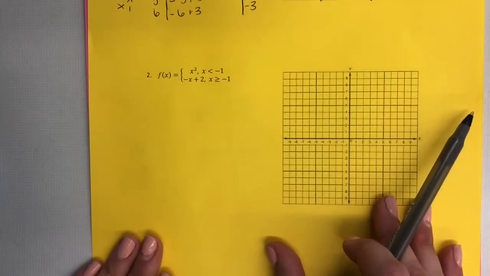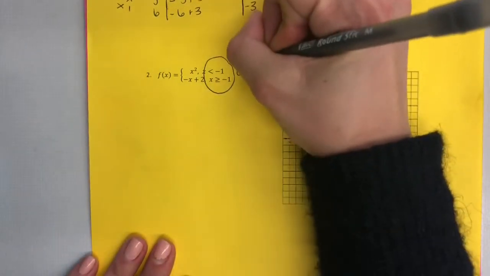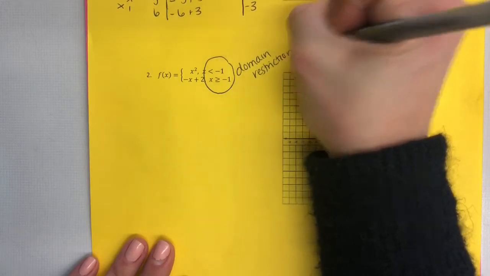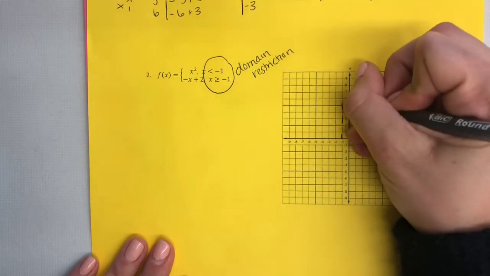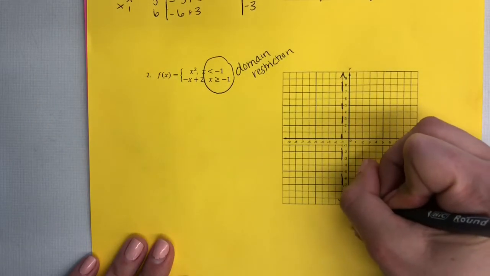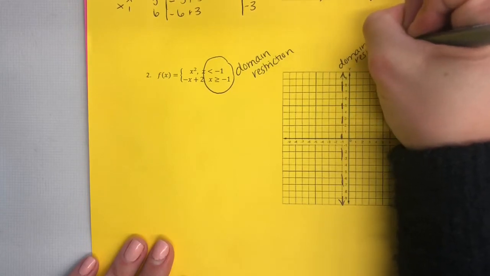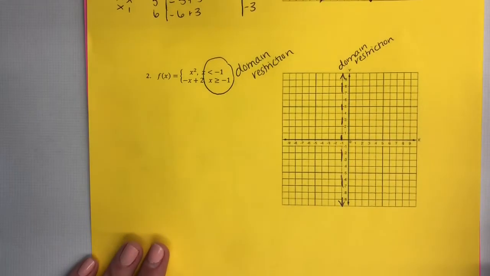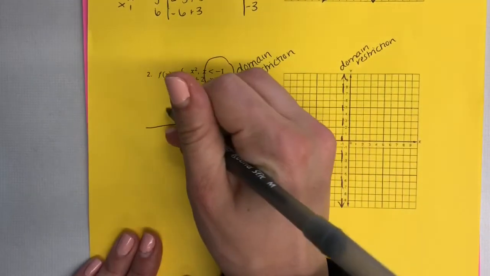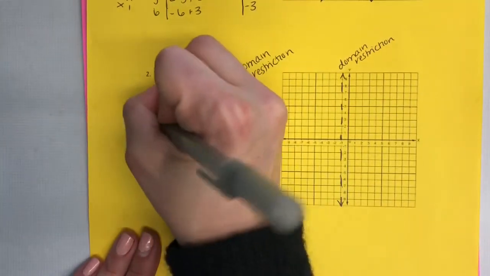Let's look at this one. So we have a new domain restriction, always the first thing I find. At negative 1, so I'm going to put it on my graph really quickly because I know that this is where the change is going to happen. I make my table. So I know my x values have to be centered around -1.